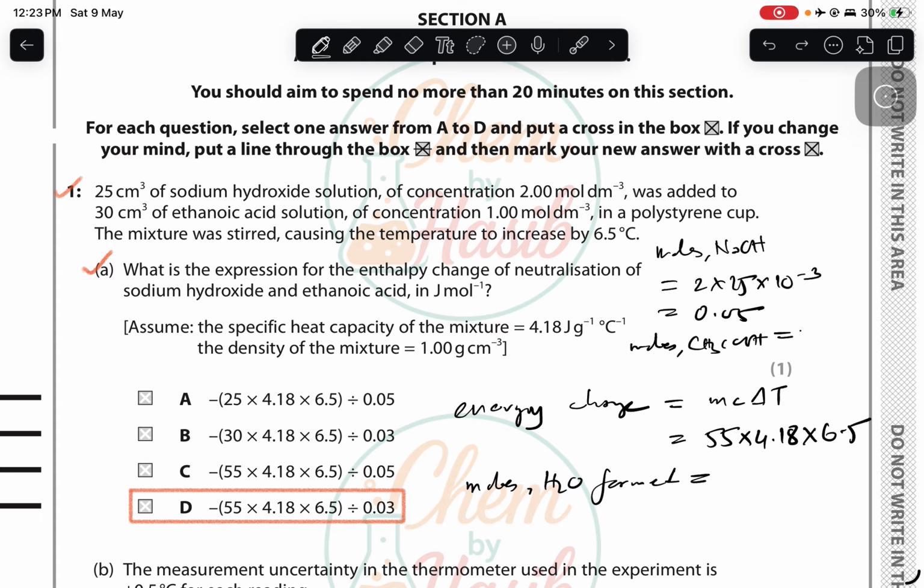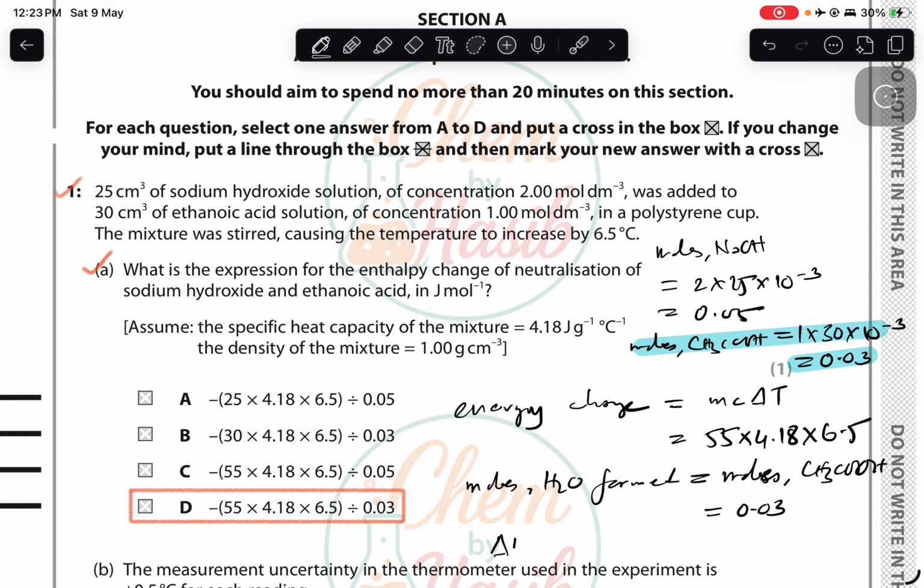So you multiply 1 by 30 into 10 to the power minus 3. 30 divided by 1000 will give you 0.03, right? So sodium hydroxide is in excess, and ethanoic acid is the limiting reagent. So the moles of water formed will be equal to the moles of ethanoic acid that reacted, moles of CH3COOH. So this would be equal to 0.03.